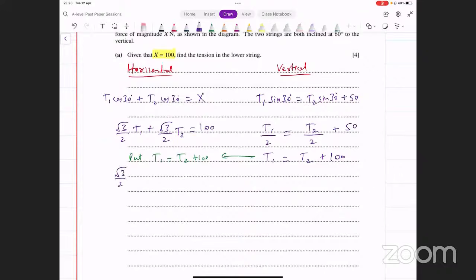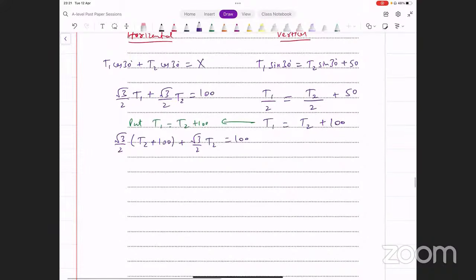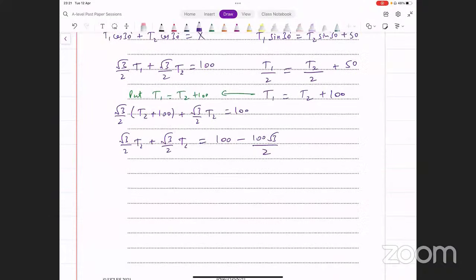Square root of 3 over 2 into T2 plus 100 plus square root of 3 over 2 into T2, that equals 100. We have square root of 3 over 2 T2 plus square root of 3 over 2 T2. 100 minus 100 square root of 3 over 2. ठीक है? And you see what you get from this. Left side पे मेरे पास आ रहा है square root of 3 times T2.